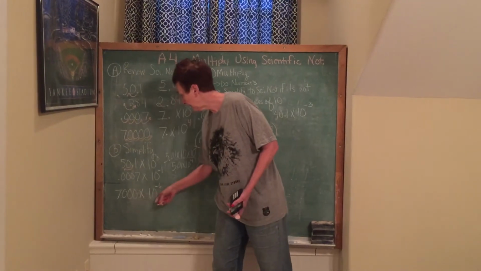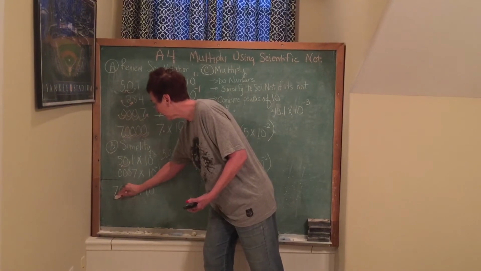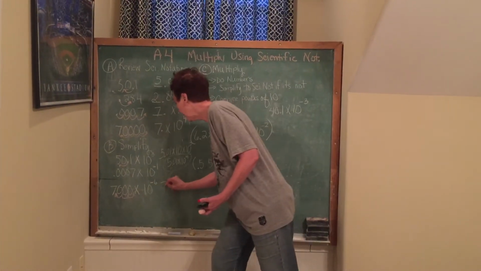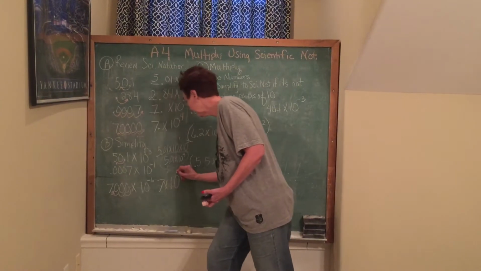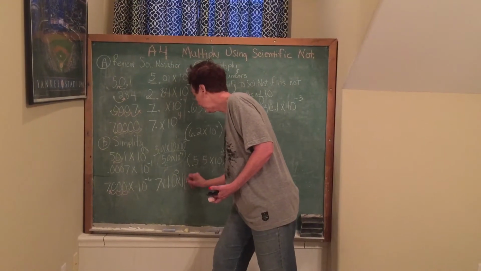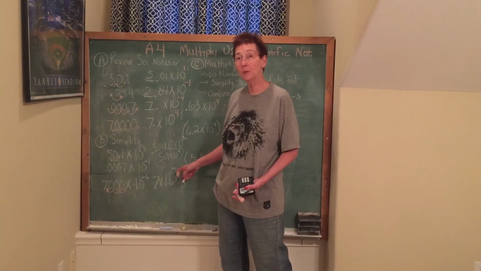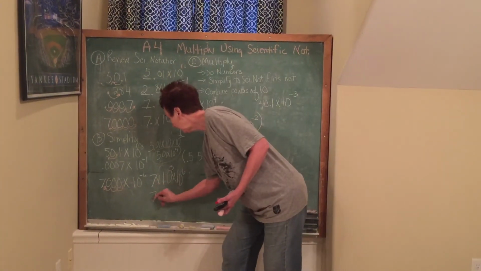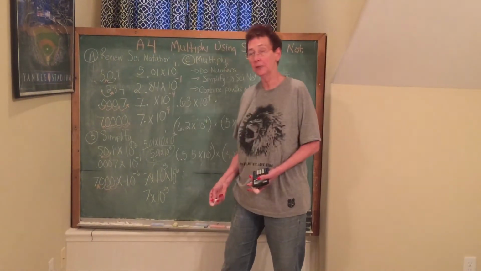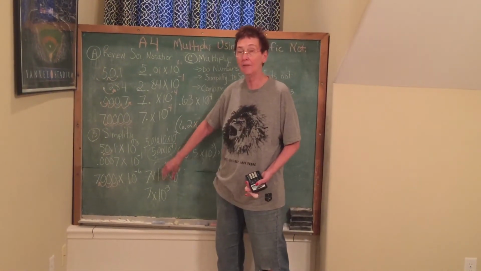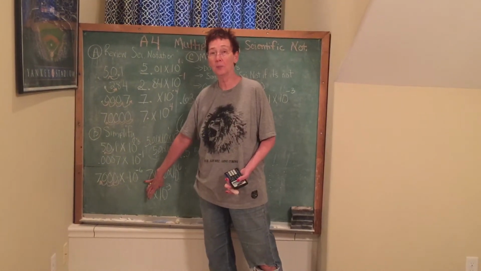If you've got 7,000 times 10 to the negative 6, remember we moved it backwards. So now you've got 7 times 10 to the 1, 2, 3. And then I'm putting that with 10 to the negative 6. Well, if you combine a 3 with a negative 6, that would make that 7 times 10 to the negative 3. So put your powers together, and that's the new power of 10 once you fix the number part.